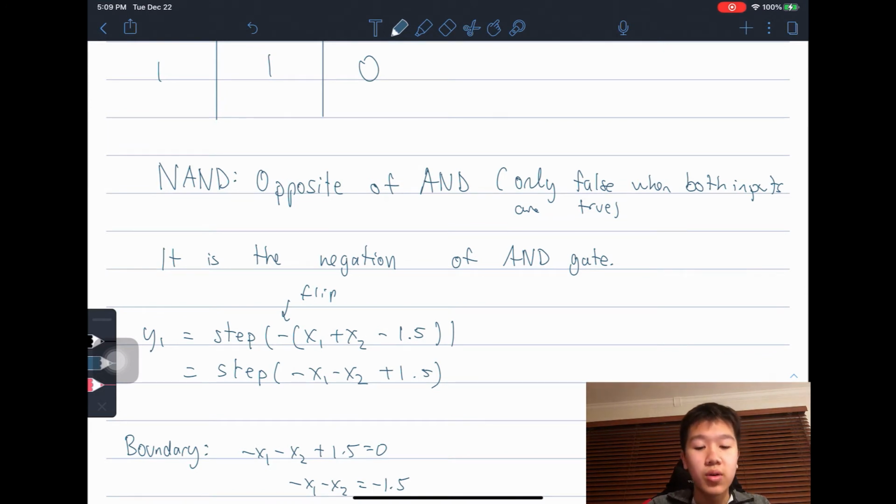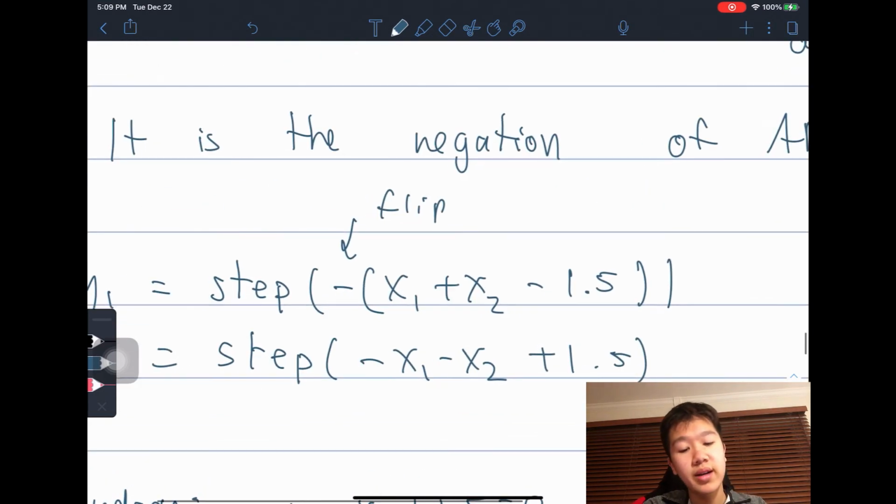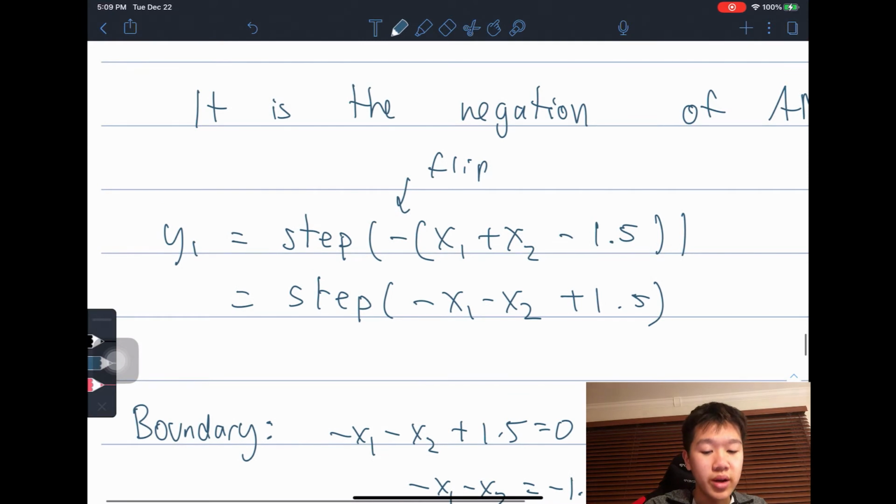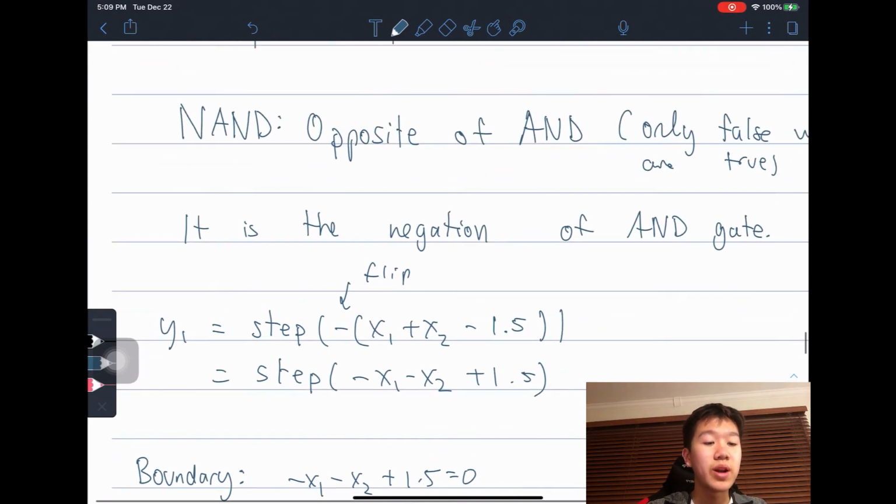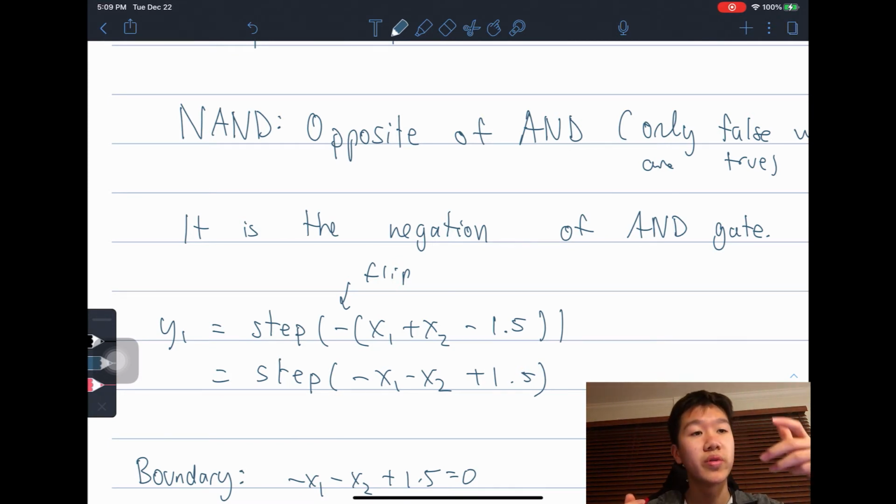So we then have y1 is equal to step of minus x1 minus x2 plus 1.5. And the minus is here because I want to flip it. So before it was the AND gate, and now if I flip the step function, the labels are going to reverse.